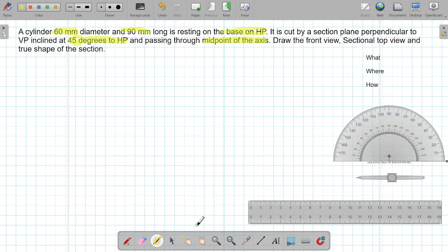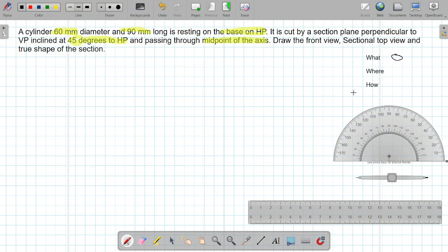Before proceeding, as we have learned in the previous topics, before starting any problem of section of solids or projection of solids, we have to first answer three questions: what to draw, where to draw and how to draw. Reading the question, a cylinder of 60 mm diameter means we will draw a circle.